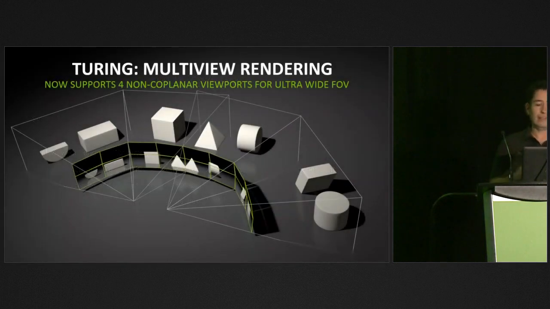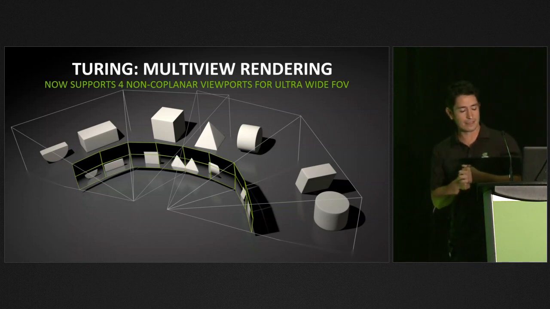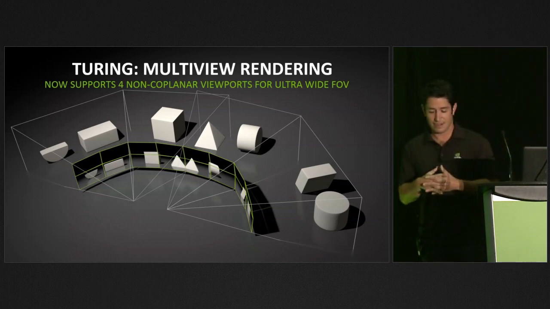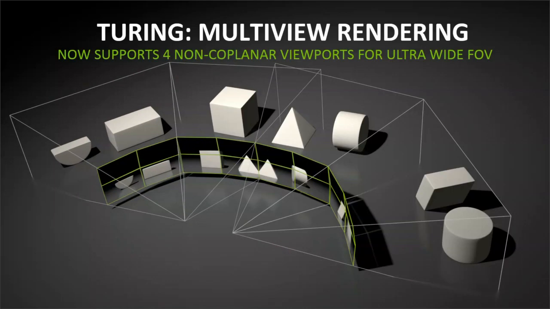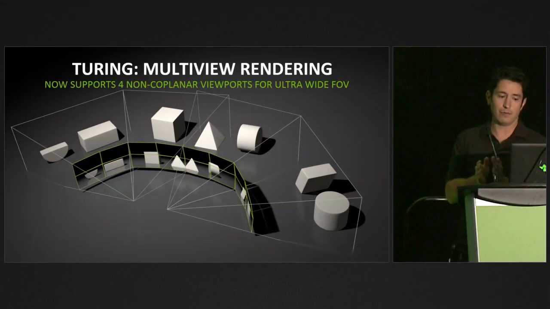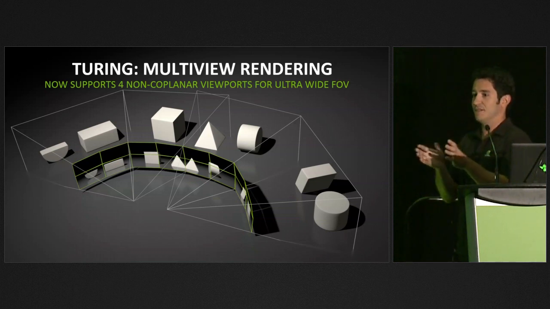So it can look like this. This is a mock-up diagram of different use cases. There have been some headsets that are coming soon and some that have been announced that have very wide FOVs. If you have an extremely wide, say over 200-degree FOV in the horizontal direction that you want to support, doing it with 2 projections is nasty.